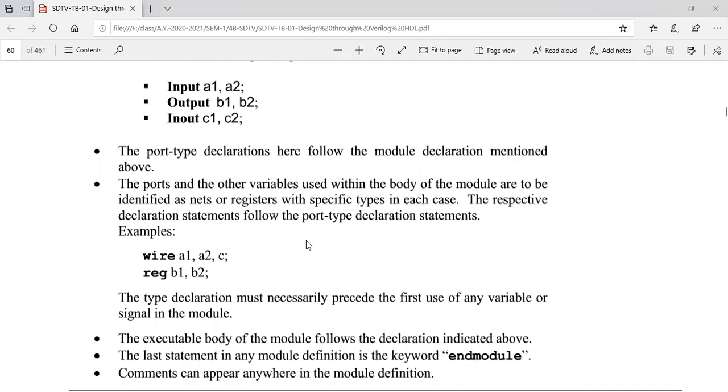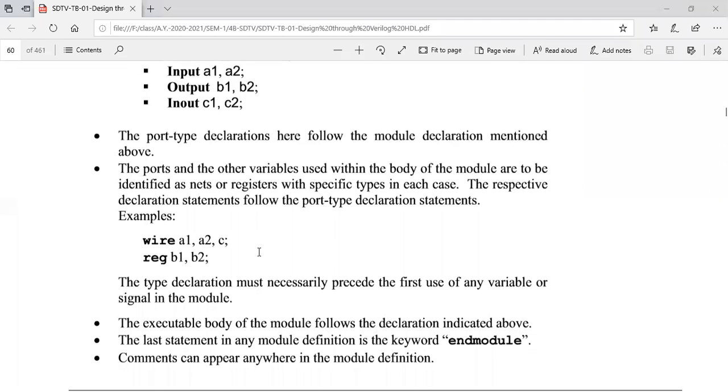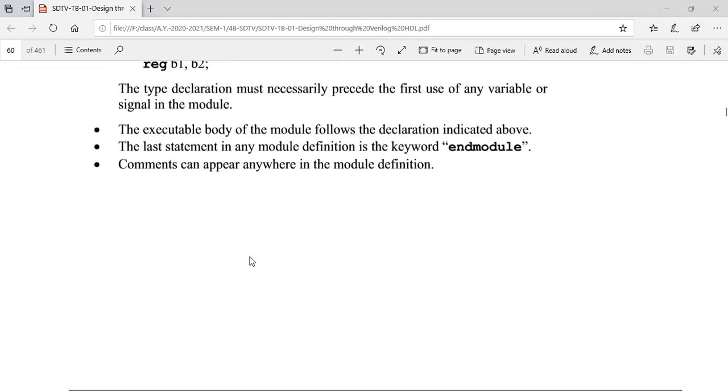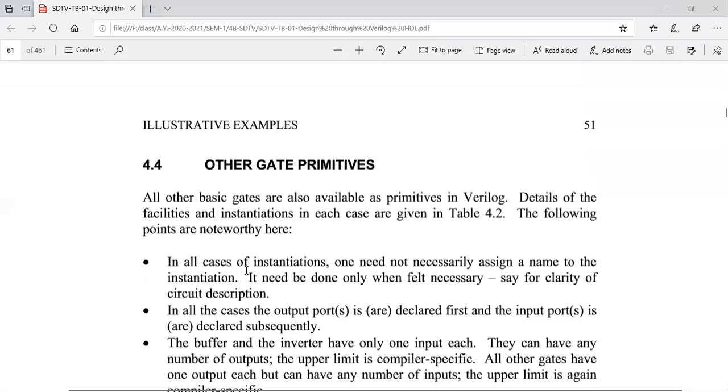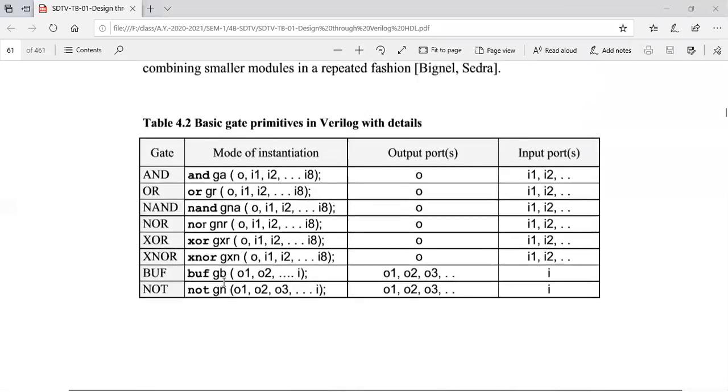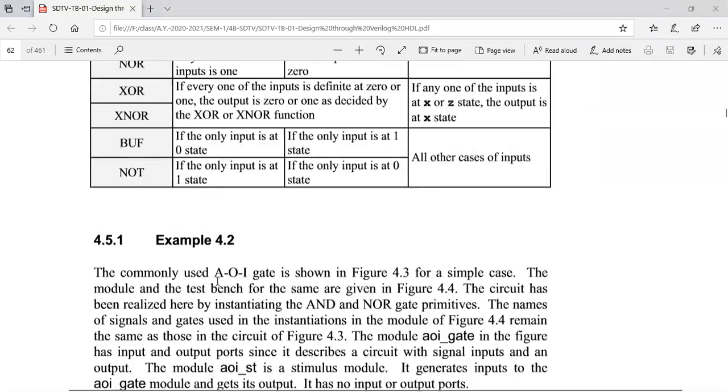So we have inputs as A1 and A2, and outputs B1 and B2. This thing we can clearly explain with the help of some example.